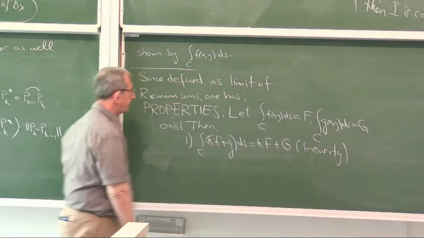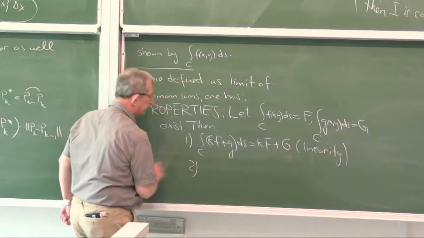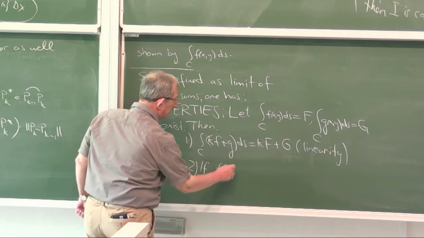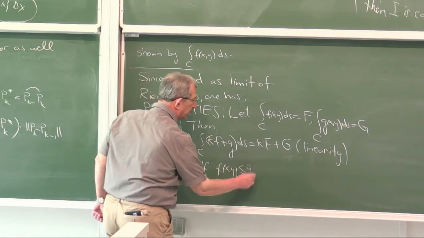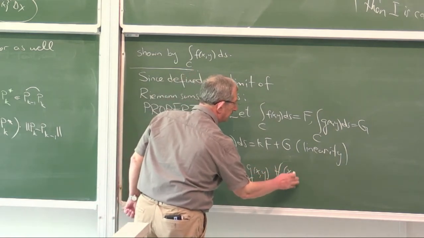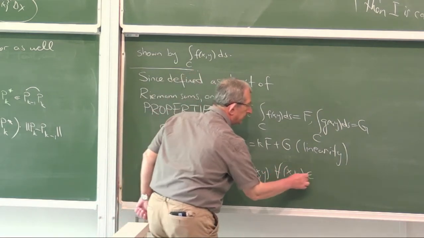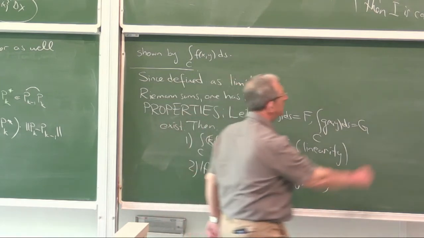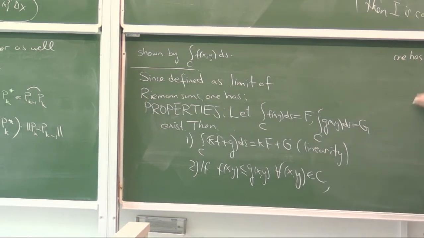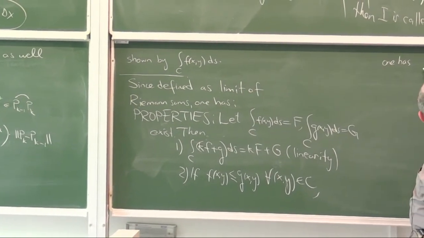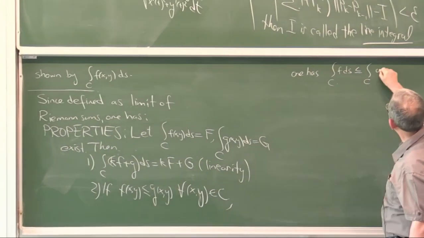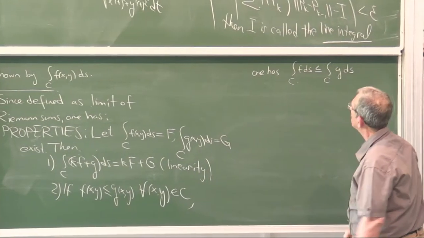Two, if f(x,y) is less than g(x,y) for all points in C, one has the integral over C of f ds is less than the integral of g ds.